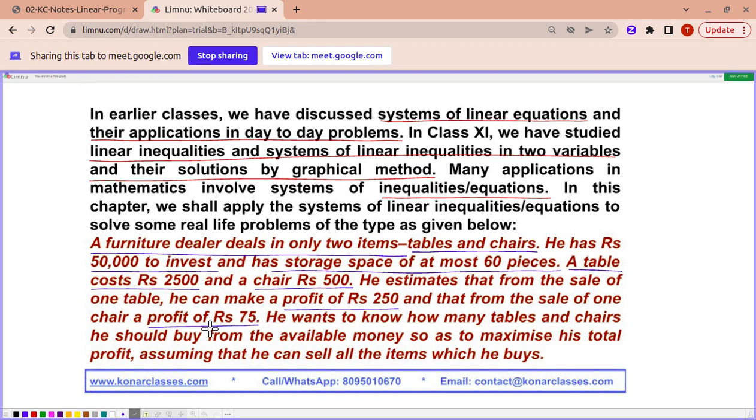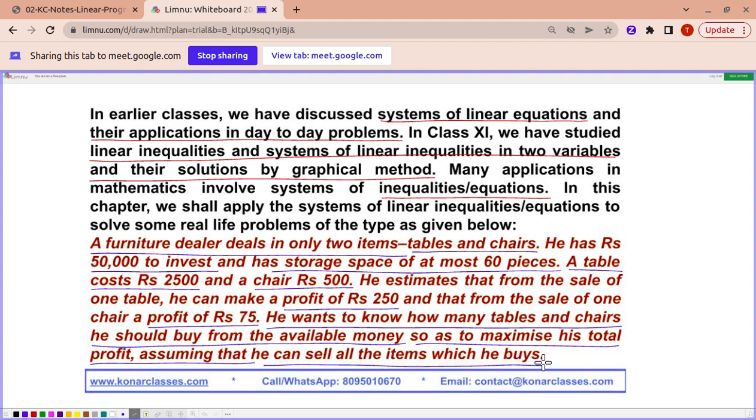So now if this is the problem statement, what will be the objective of the furniture dealer? Obviously the objective is to sell that many tables and that many chairs which will give him maximum profit. So he wants to know how many tables and chairs he should buy from the available money so as to maximize his total profit, assuming that he can sell all the items which he buys.